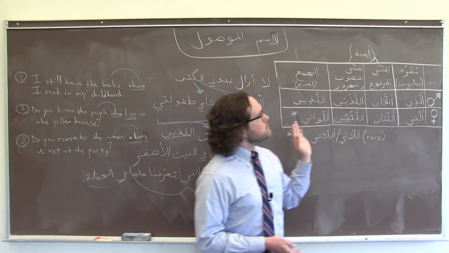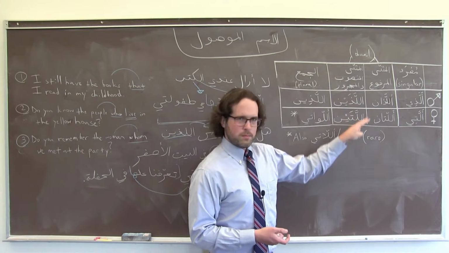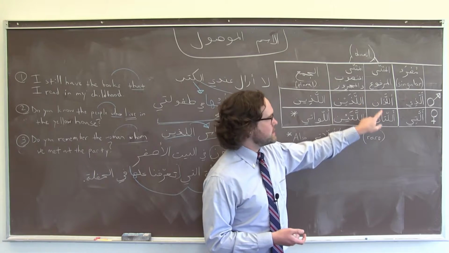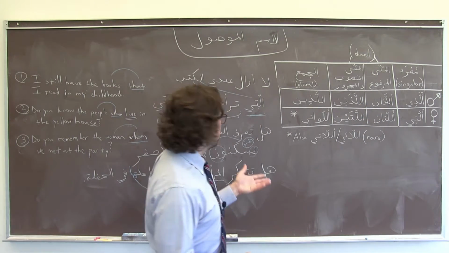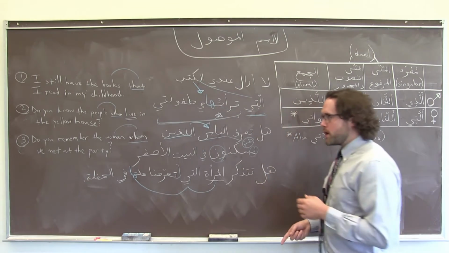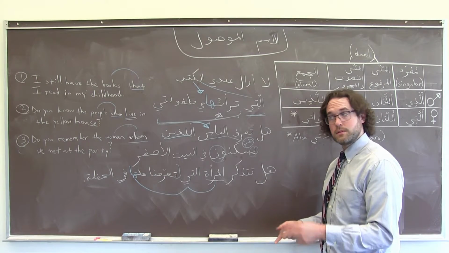If you haven't studied case endings yet, the important thing is to recognize these forms and see when they occur and recognize that they all mean the same thing. Just to demonstrate though, in one example, if we were talking about two women. Oh, do you remember the two women that we met at the party?